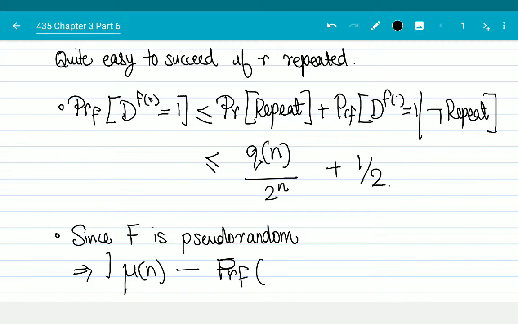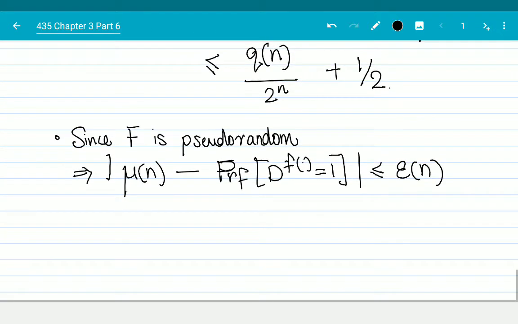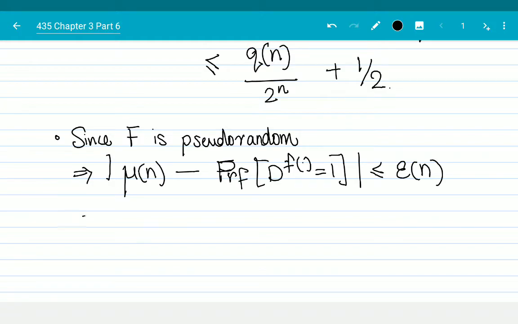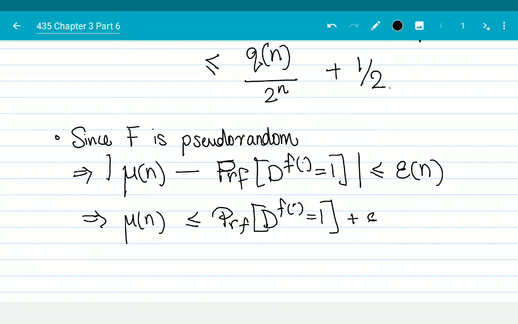Probability for a uniform case D^f is equal to 1, this should be smaller than or equal to some epsilon n, for some negligible function epsilon n, right? Which means that mu n should be smaller than or equal to the probability of success of D^f equal to 1, plus some epsilon n, negligible function, right?